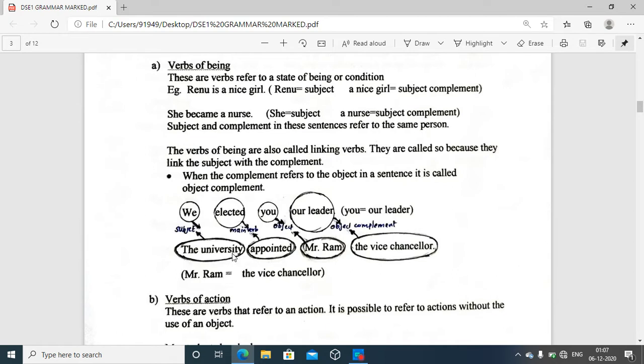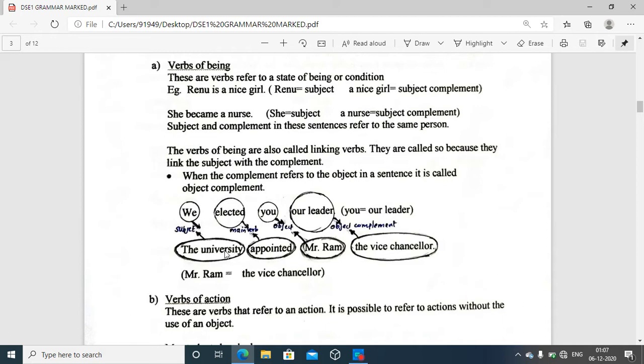Here the university appointed. University is not a person, but still it is the action, under its sovereign rule, power, appointing a person.